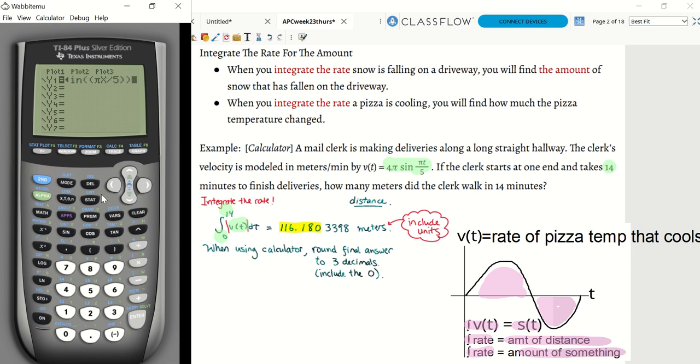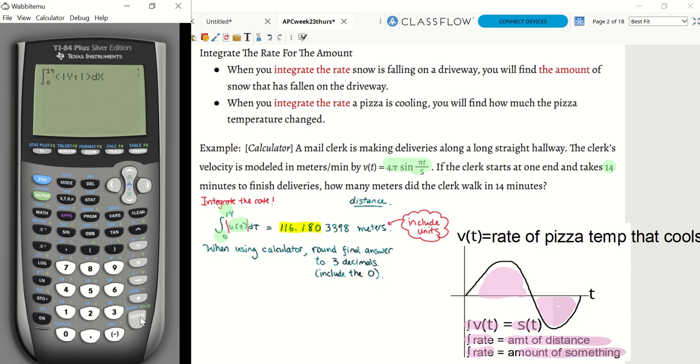Then quit that. Math option 9 for integral, 0, 14. You can manually enter the function, but since we have it in y sub 1, let's first call upon the absolute value function. Boom, boom, and let's insert y sub 1, so alpha trace, and let's put dx here.